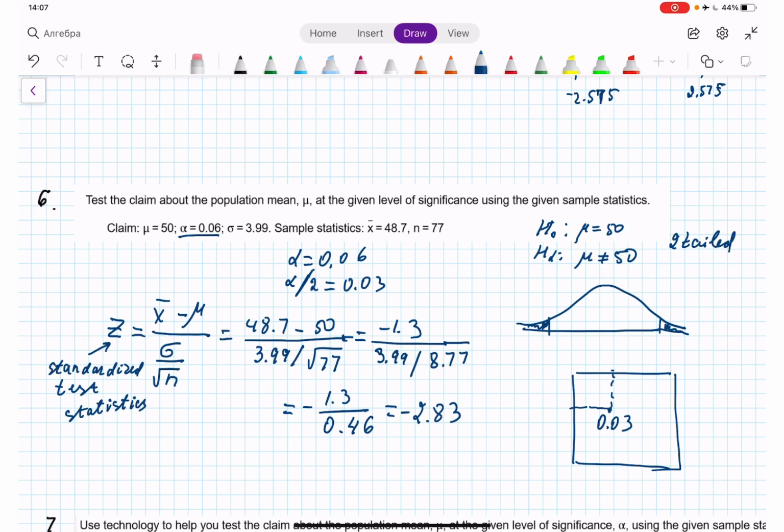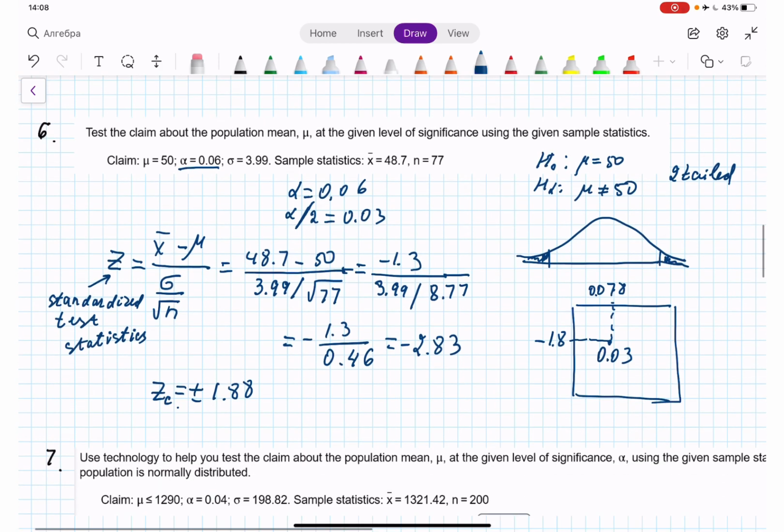And from that table you should get negative 1.8, here should be 0.07, which would give you Z critical plus minus 1.88. I'm sorry, here it is 0.078, so rounding up, 1.88.